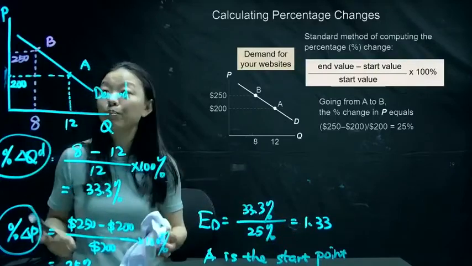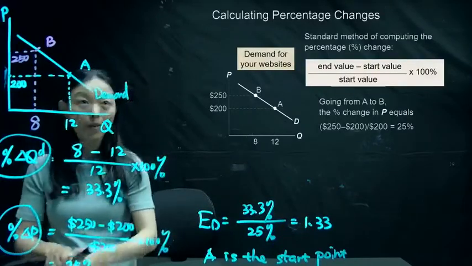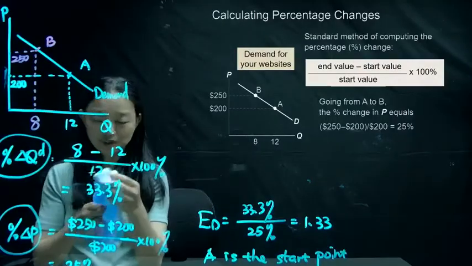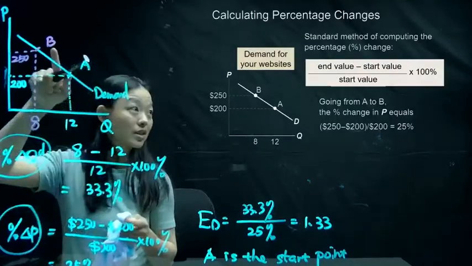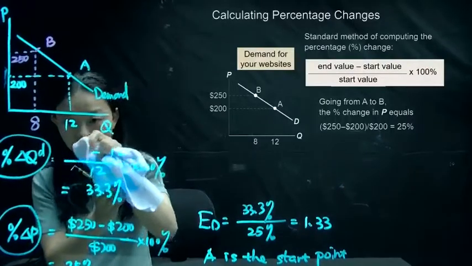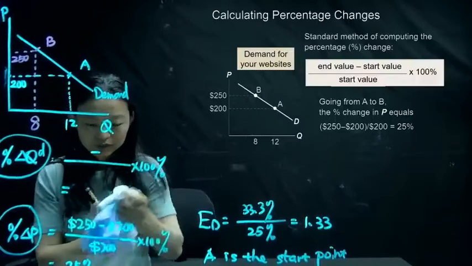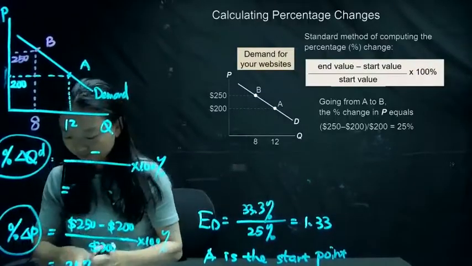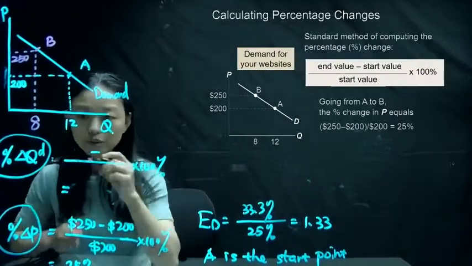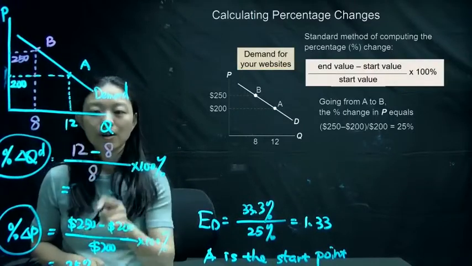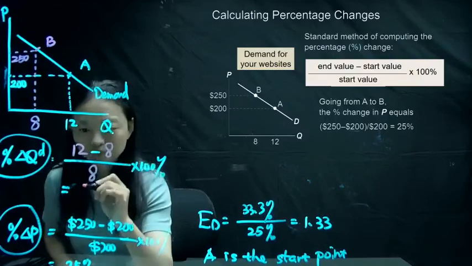However, if you choose B as the start point, then what happens? Let me do similar things here. If we choose B as the start point, we use 12 subtract 8, divide 8, so that will be 4 divided by 8, 50%.